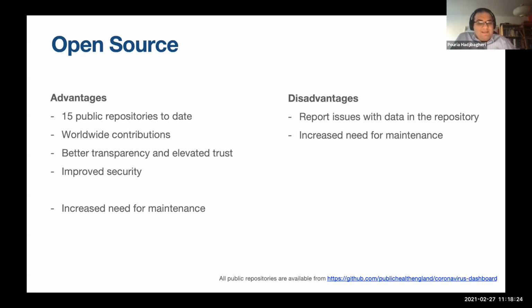That also ensures that our service is always up to date, always compliant, always secure, and the transparency of it is also helping people trust the service.